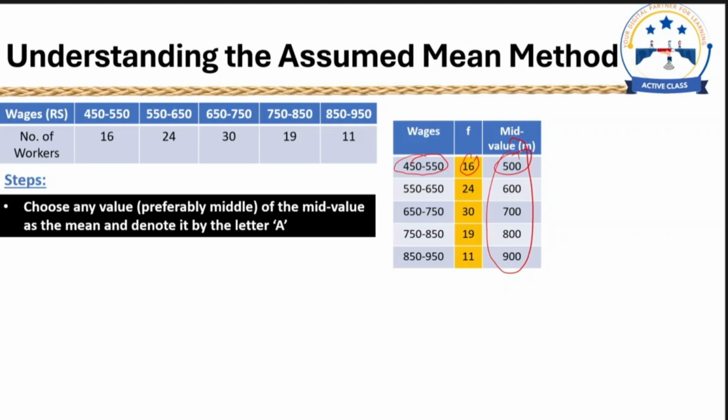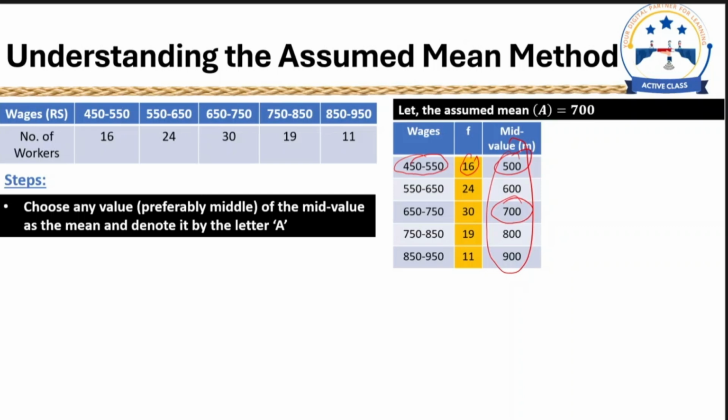And it's better to choose the middle one. Like 500, 600, 700, 800, 900, 700 comes in the middle, so choose 700. But if the data are even in number, then of course you'll not get the middle value, right? So you can choose any. So I chose 700 as my assumed mean.